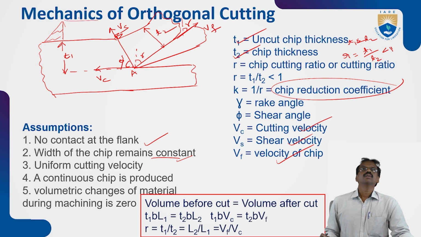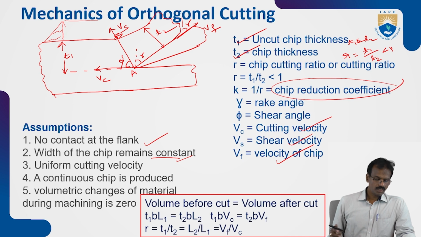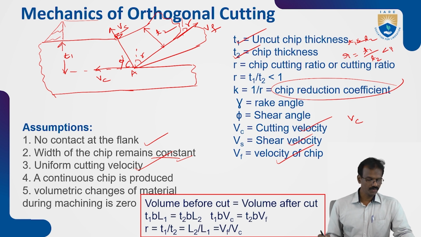Next, uniform cutting velocity. So VC is uniform, not varying. We are assuming this.